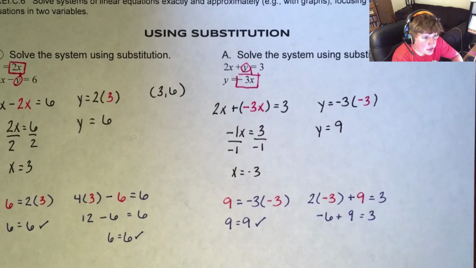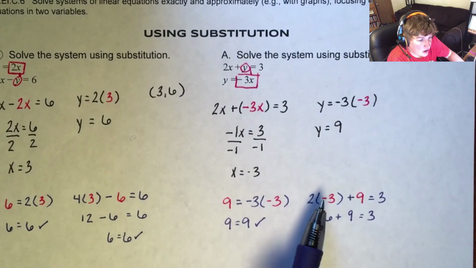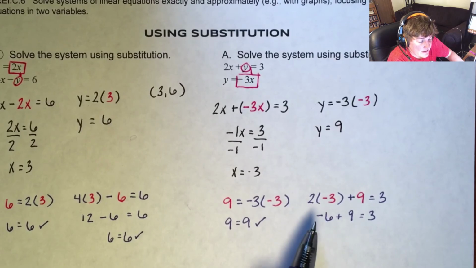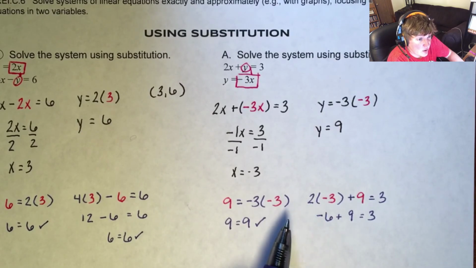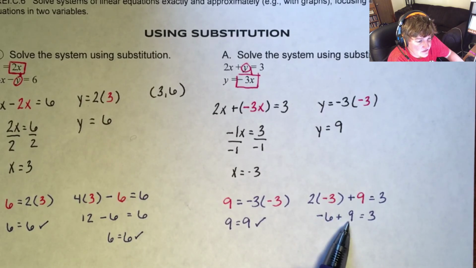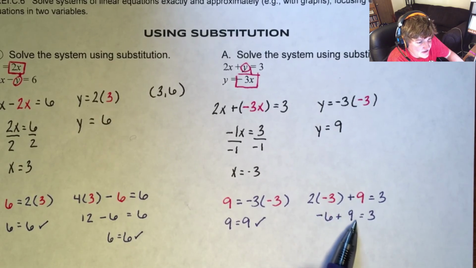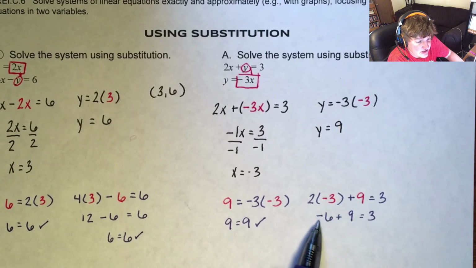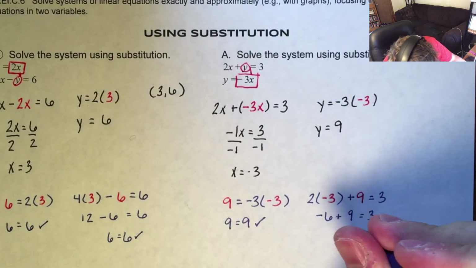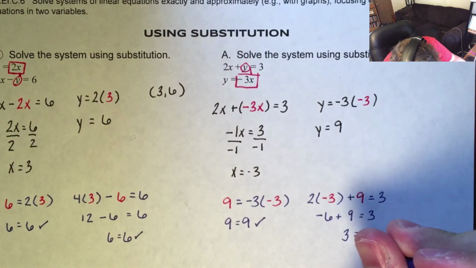To be able to do this in your head, we know that when we're adding positives and negatives, every one negative will cancel out with one positive to 0. So there are 6 negatives here and 9 positives here. How many more positives are in this 9 than there are negatives in this negative 6? Well, there are 3 more positives, so that's what they're going to cancel out to. So this is going to be 3 is equal to 3.